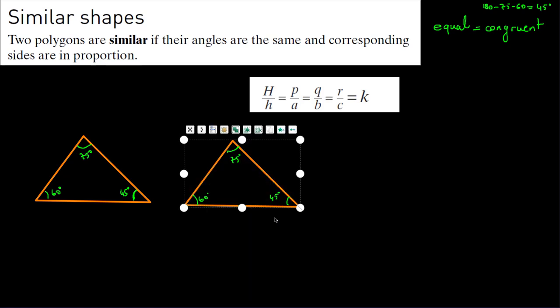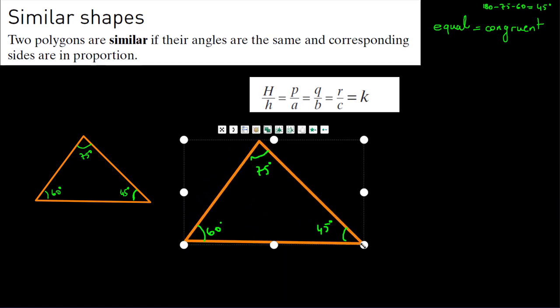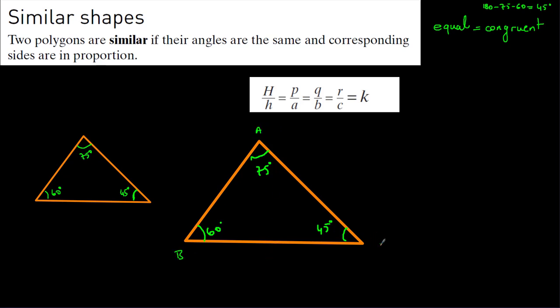When they have different sizes with a ratio like this, these two triangles are similar. If this is triangle ABC and this is triangle PQR, then the opposite sides of the triangle we name with small letters: this is a, this is b and this is c.